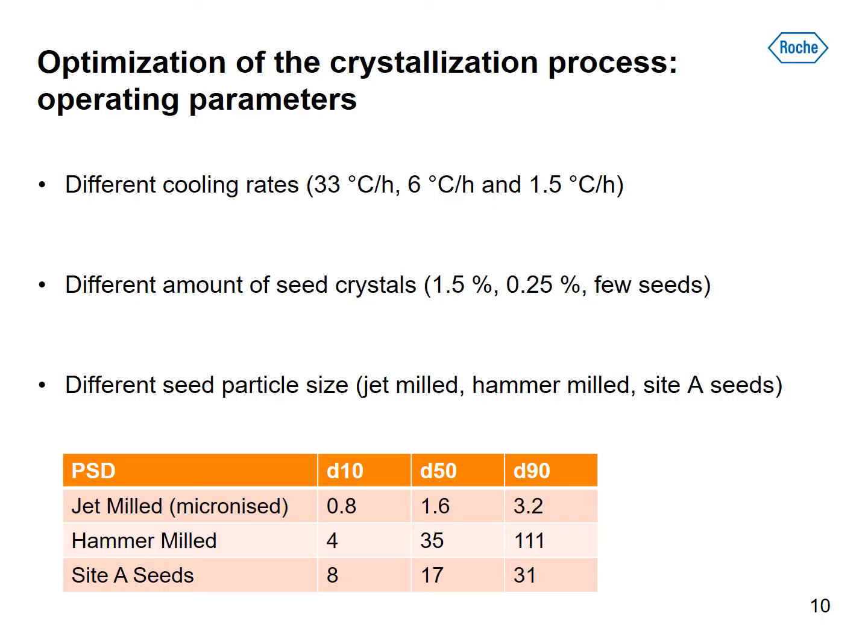Furthermore, we used seeds with different particle size distributions. We used jet milled, hammer milled, and the seeds we got from the side A. In the table below you can see the different particle size distributions of the seeds used, whereas the jet milled or micronized seeds are the smallest.